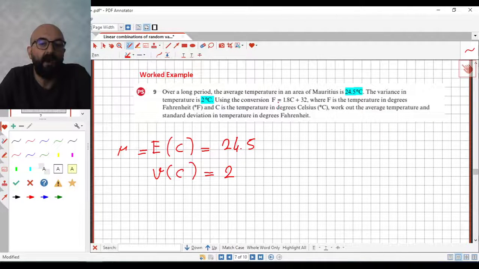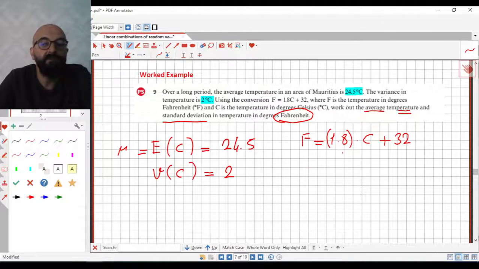Using the conversion, Fahrenheit equals 1.8 multiplied by Celsius plus 32, where F is the temperature in degrees Fahrenheit and Celsius is the temperature in degrees Celsius. Work out the average temperature and standard deviation in degrees Fahrenheit.